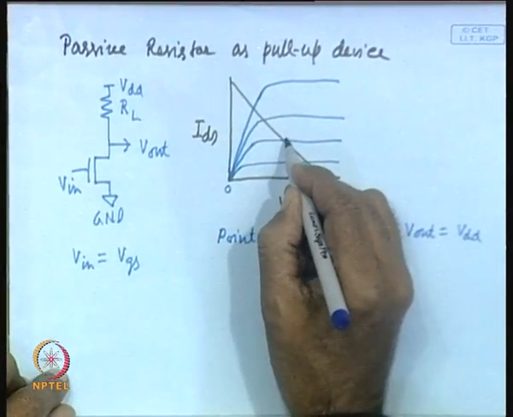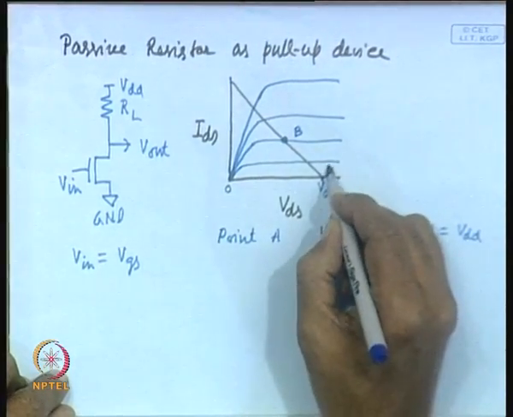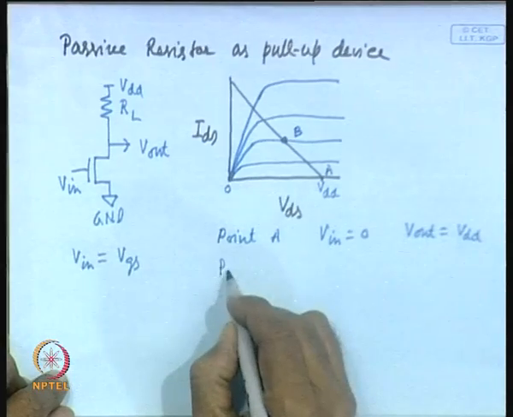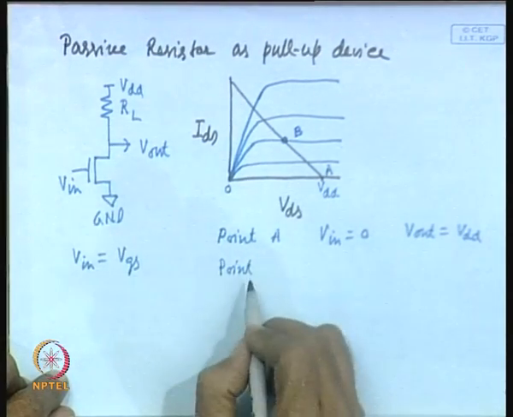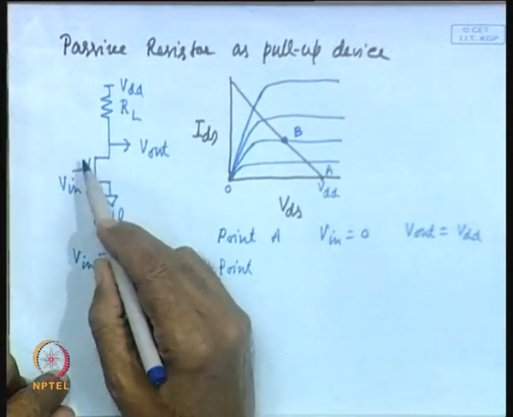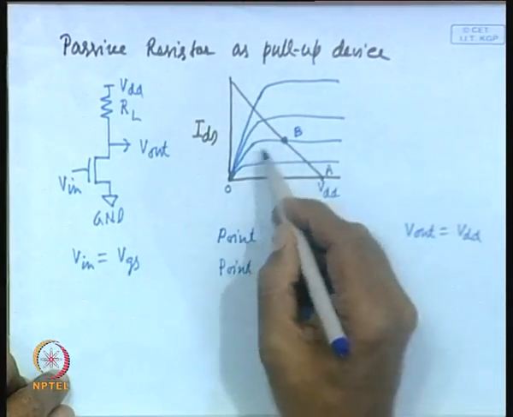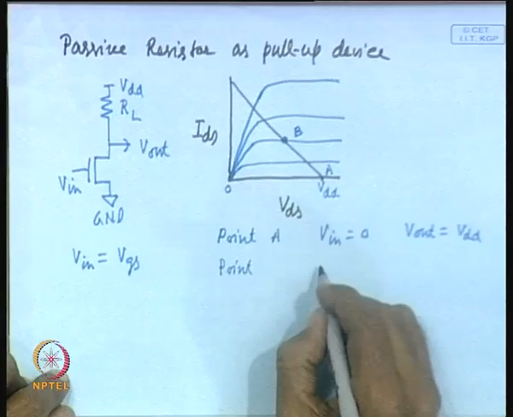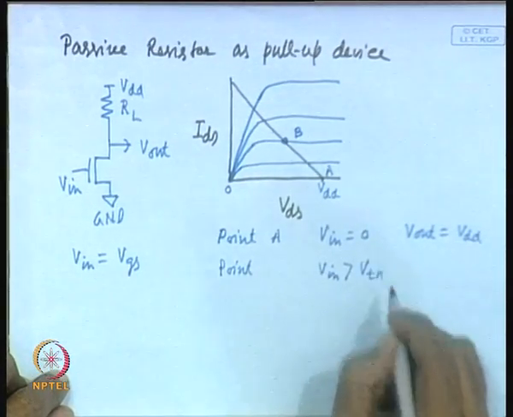Then let us consider point B. What does it represent? Point B represents where the input is higher than the threshold voltage, because the NMOS transistor has started conducting. So, V in is greater than V T n.